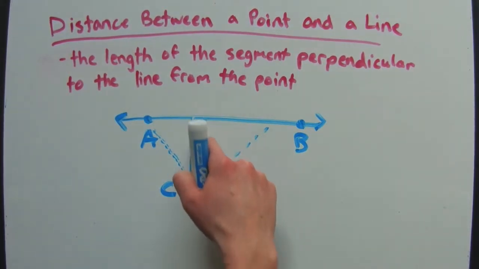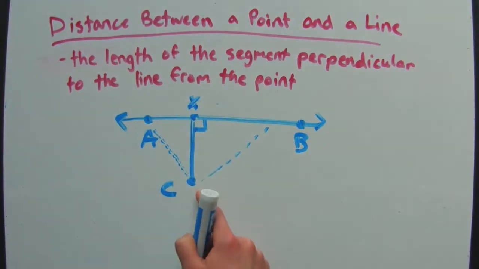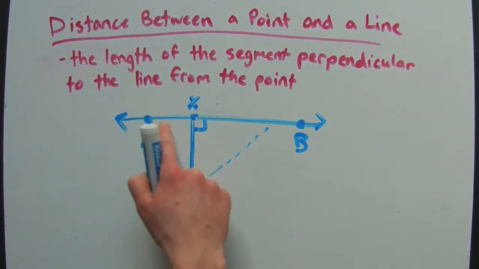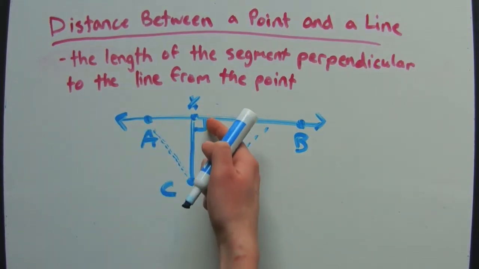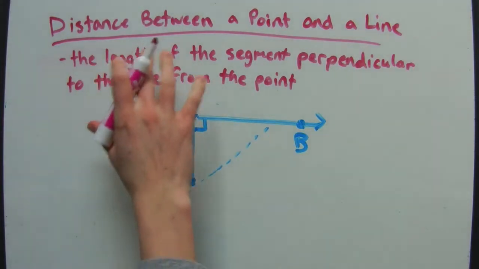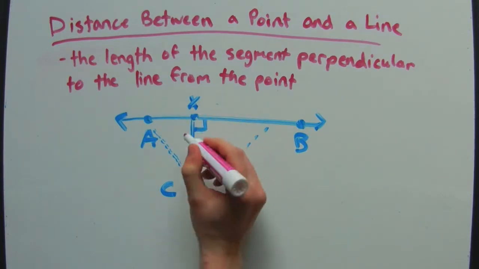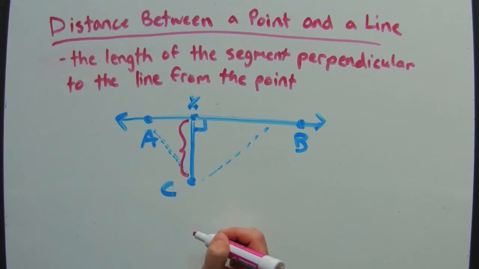So this segment goes from C to some point we'll call X. So CX forms a perpendicular segment with AB because CX forms a right angle with AB. Now the distance between that point and the line would be the measurement of this segment CX.